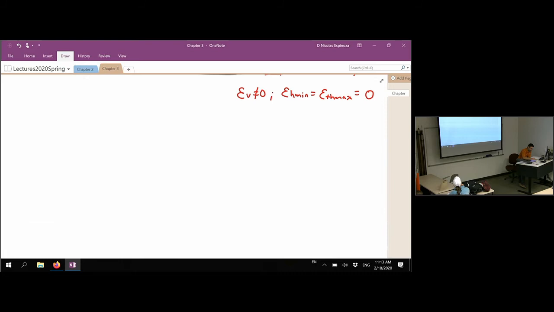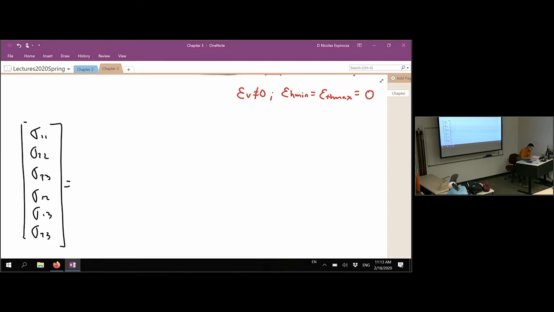Okay, so we had this matrix that was sigma. I'm just going to rewrite it. You don't have to rewrite it, you already have it in the notes. Sigma 3 and this one was, if you find any mistake here while I'm writing, please let me know.